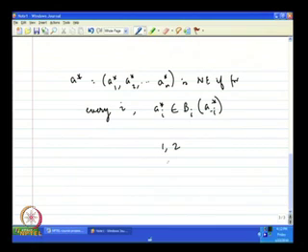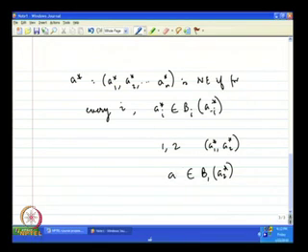So, if I have two players, suppose 1 and 2, and I am considering whether a_1 star, a_2 star is a Nash equilibrium action profile, then it must happen that, given a_2 star taken by the other player, the best response for me should include a_1 star. There might be other actions also, but it should include a_1 star.